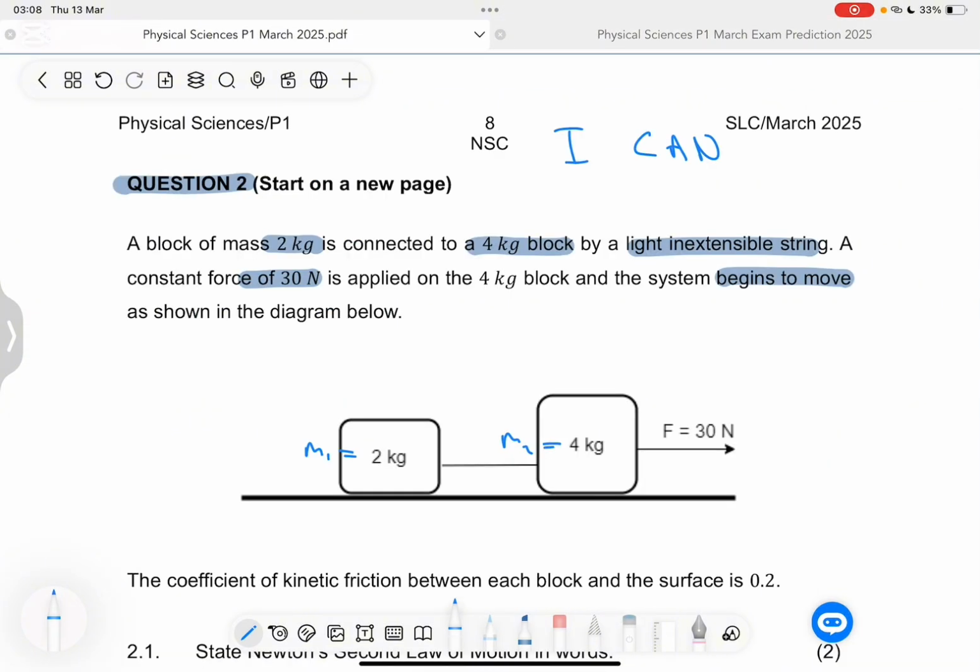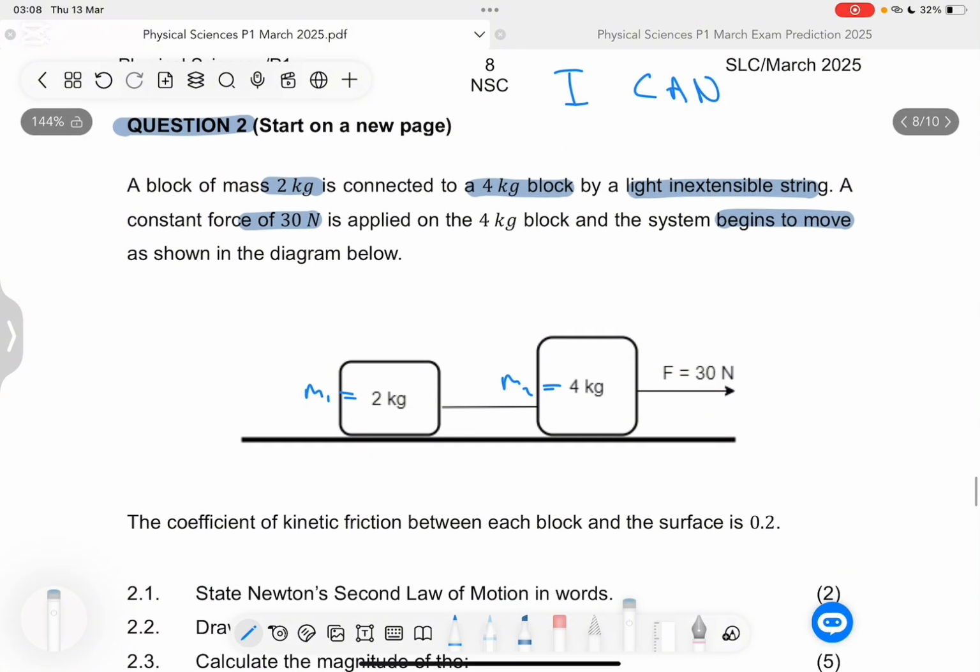After choosing direction, we can say that the tension is the same, and the acceleration is also the same when the system moves, because the fact that we have attached them by the same rope ensures that they move as a system, as one unit.